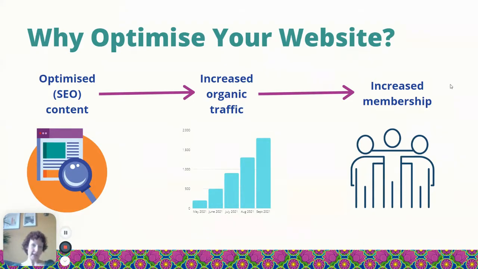So if currently you know that your website gets sort of 500 visitors per month, and one of those 500 will buy a membership, if you manage to optimize your content and use good copywriting techniques to get people clicking through, and you now start getting 5,000 visitors a month, so it's your original figure times 10, you'd expect your memberships to increase tenfold as well, right? You'd expect the conversion rate to stay broadly the same. So you'd now be expecting to get 10 of those visitors buying memberships. So that's why.